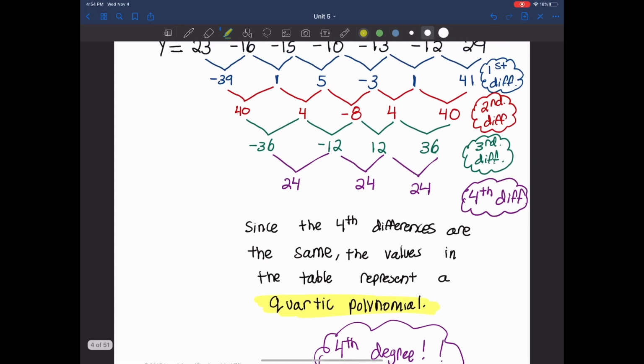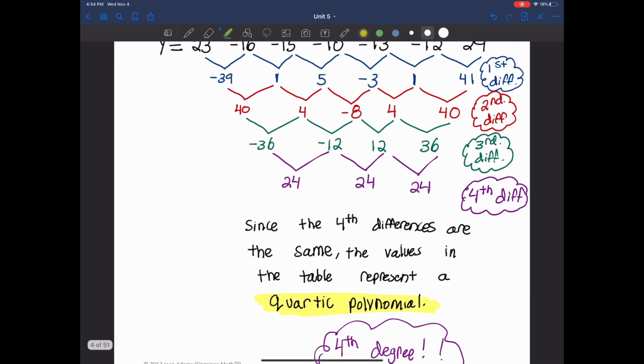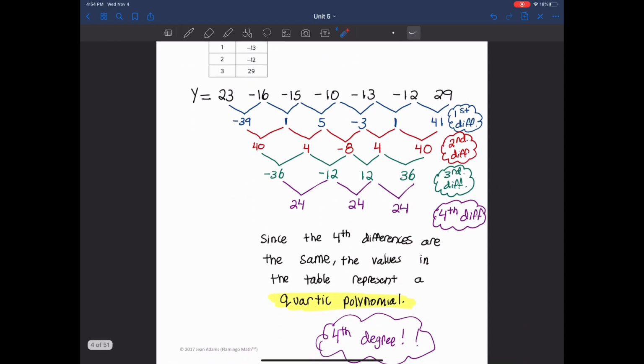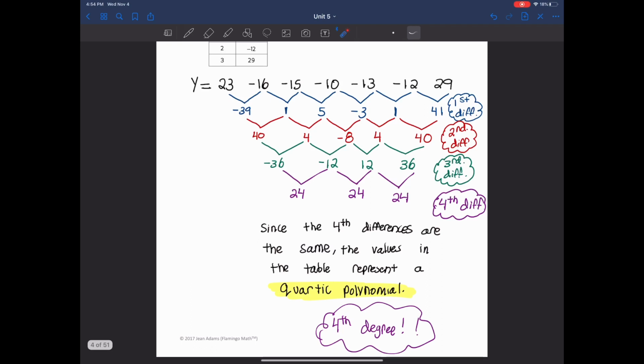So you go through the pattern, figuring out what the differences are, and once you get the same number, whatever difference that is, that's going to be the degree of your polynomial function. So given this table, how do we figure out the degree of the polynomial? We use the common differences, and whatever difference we're on is going to be our degree, or in other words, our highest exponent.